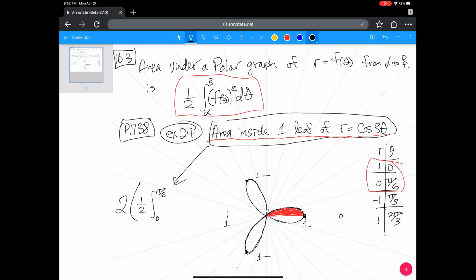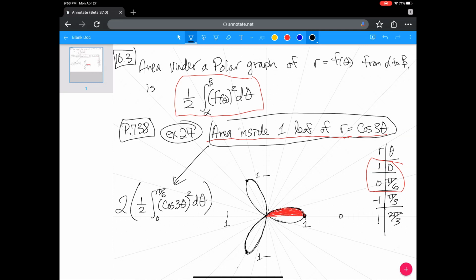And then the function is cosine 3 theta, but that's squared in our formula, d theta. So let's pause there for a second. Let me put my closing parentheses. So this is how I used the formula for the area under a polar function to set up an integral that would determine the area in one leaf of this particular function.